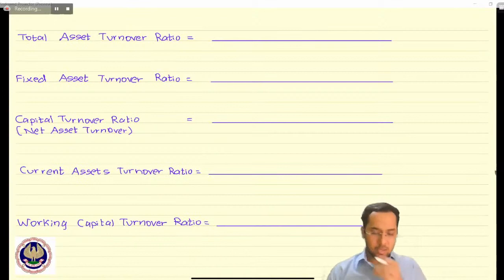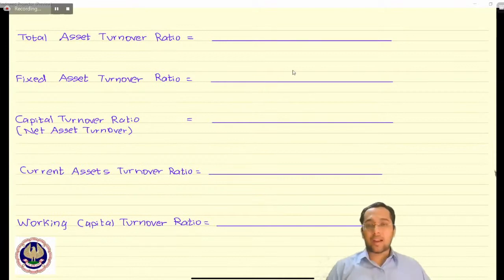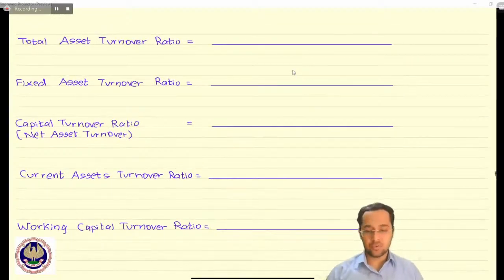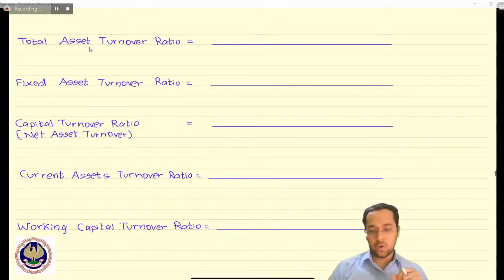So how are we really going to measure the efficiency or the activity level of any company? These turnover ratios are going to be a guide for us. Our objective is how well we are able to utilize those assets or the capital for the purpose of generating sales, or maybe something related to that asset.